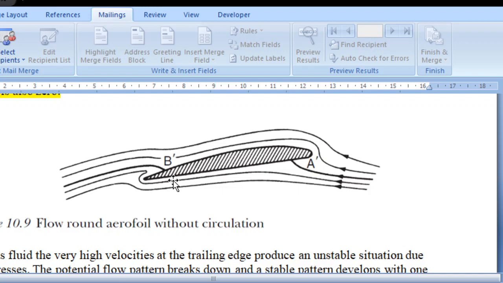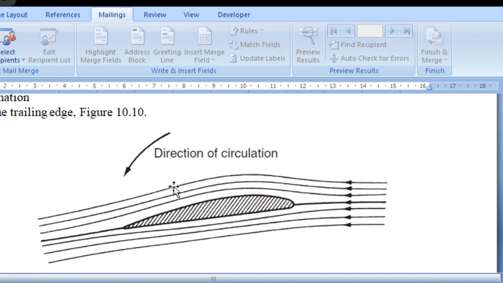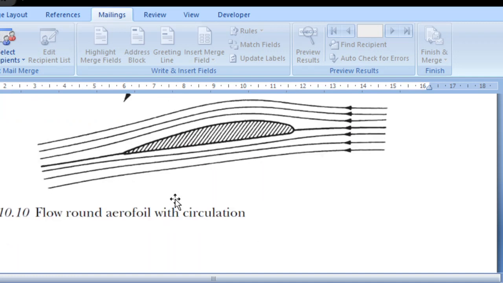Okay, there are many theories about why the lift occurs. Each theory has some positive and negative along with it, but in the end one thing is always sure, that on one side the velocity is more and on the other side velocity is less.